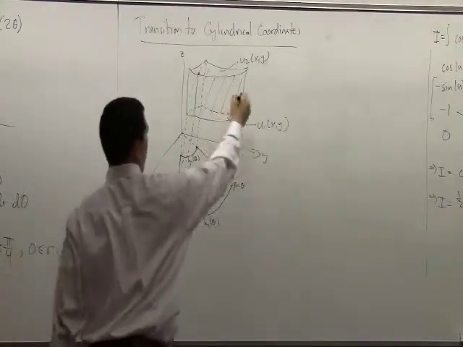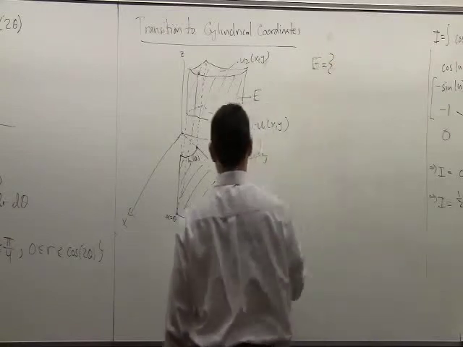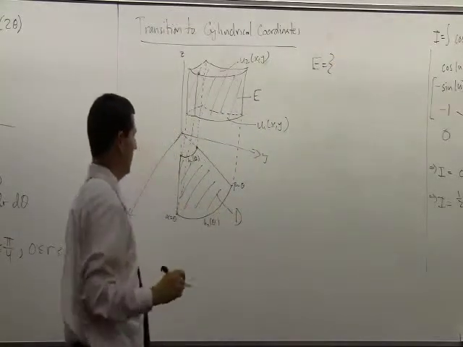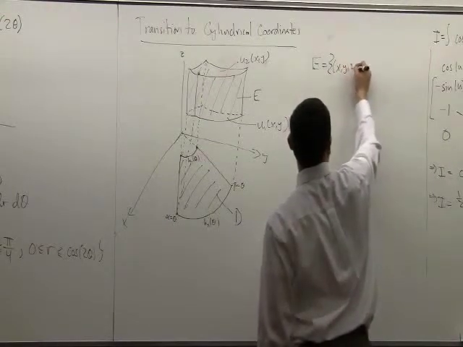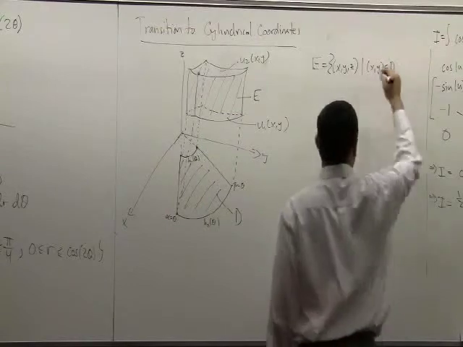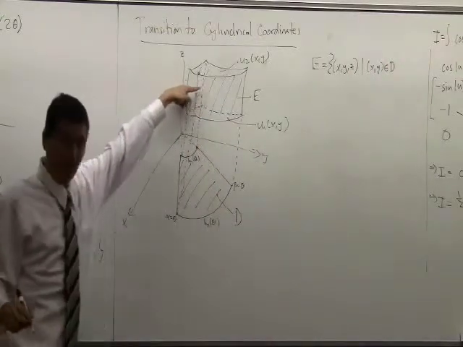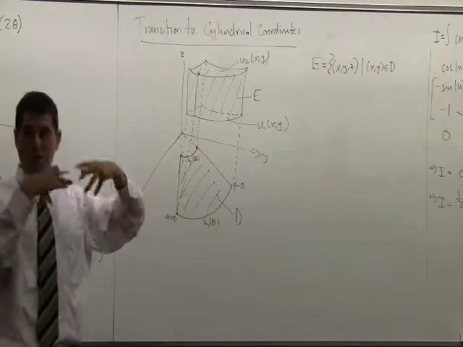And so if I call this region E, and I'll call this bottom region D, then E is given as all points x, y, z, where x and y, if you forget the z coordinate, they just land in D, right? That's what I was saying, there's the projection.